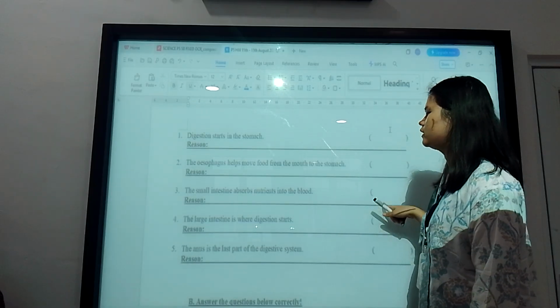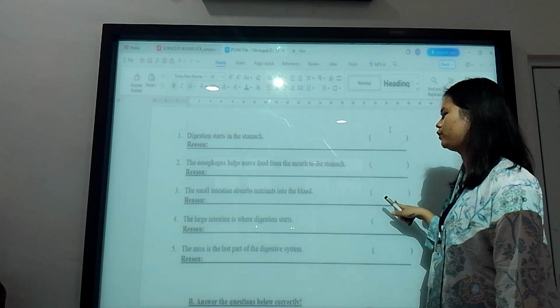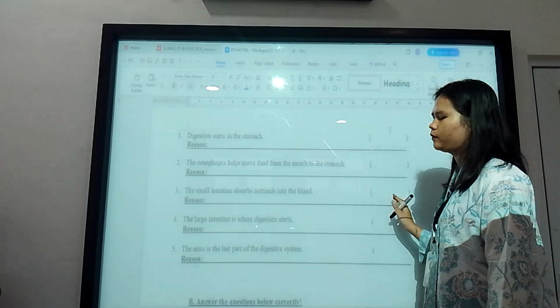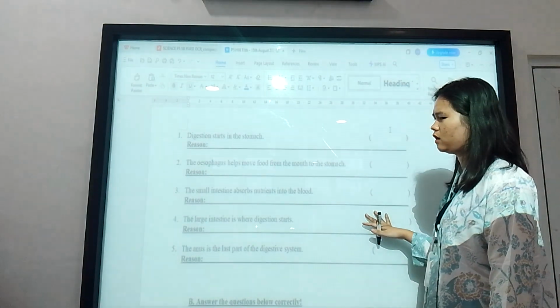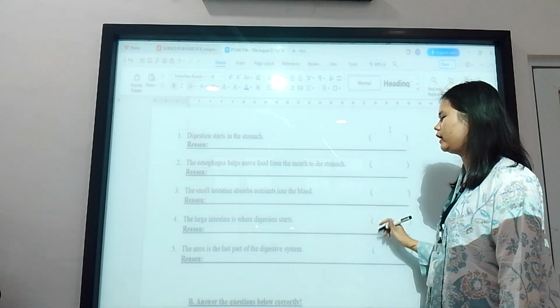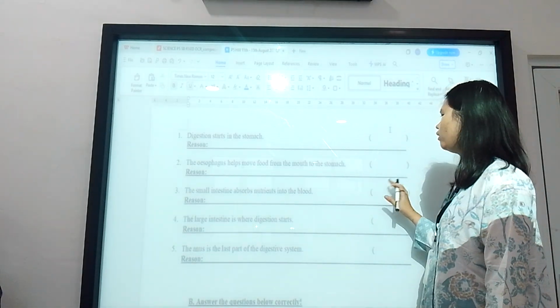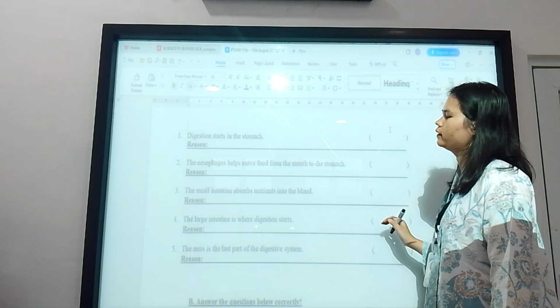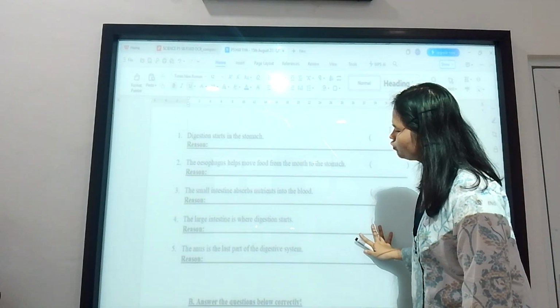Number three, the small intestine absorbs nutrients into the blood. Is it true? Because the small intestine absorbs the nutrients from the stomach, and the small intestine has a wall that the nutrients go through into the blood. Number four, the large intestine is where digestion starts.